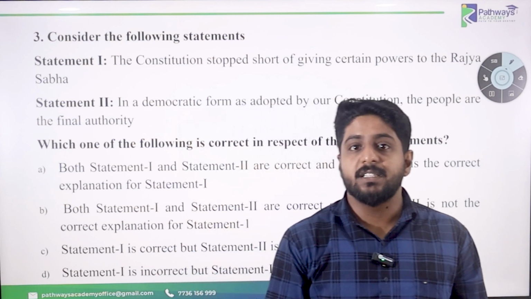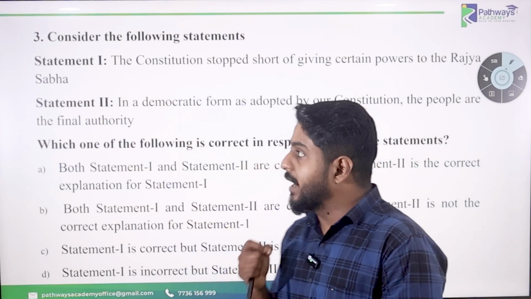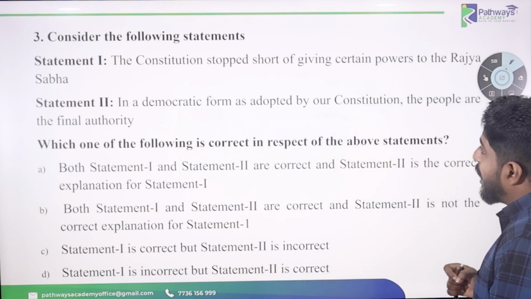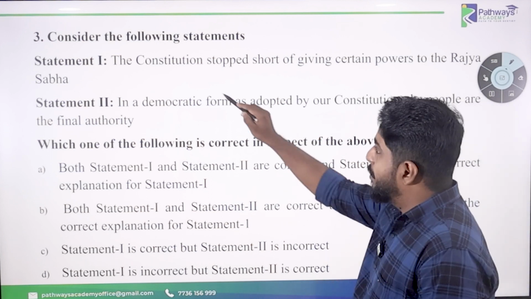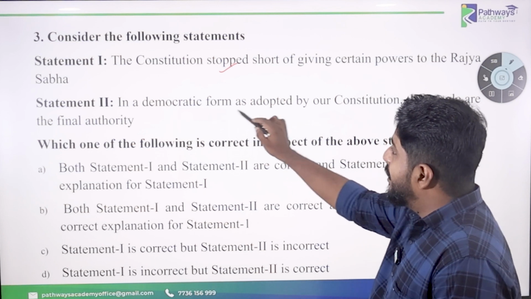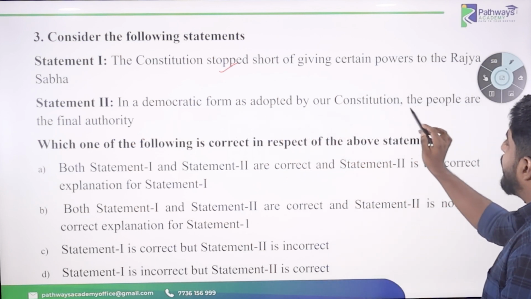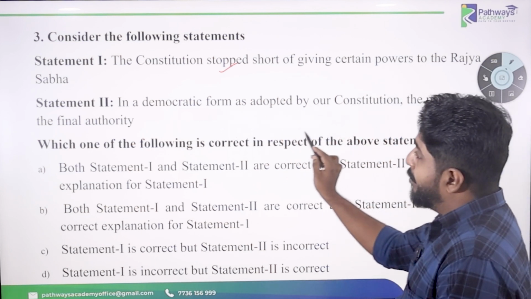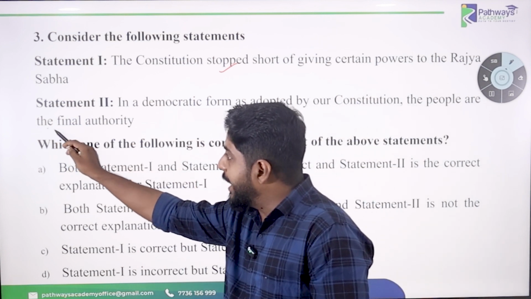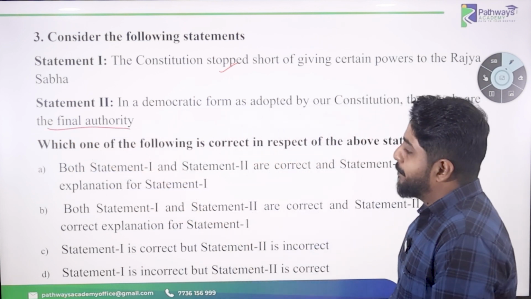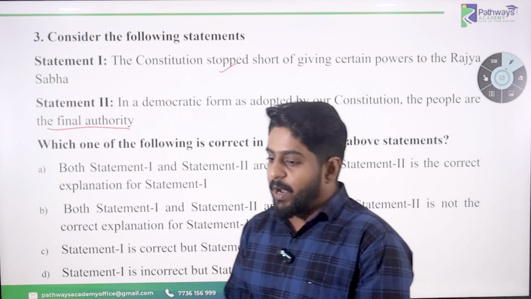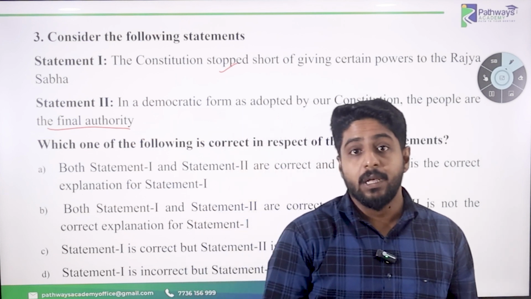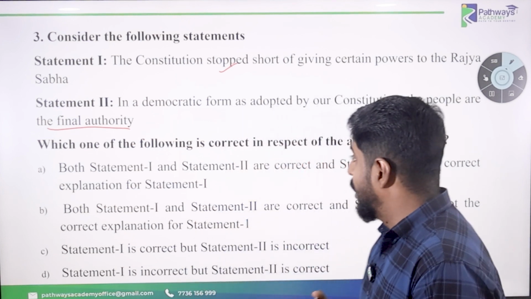In those matters, Rajya Sabha is considered only as a secondary chamber. So the first statement is correct. In a democratic form as adopted by our constitution, the people, they are the final authority, isn't it? Absolutely. That is the reason why Lok Sabha is given predominantly higher power, isn't it?